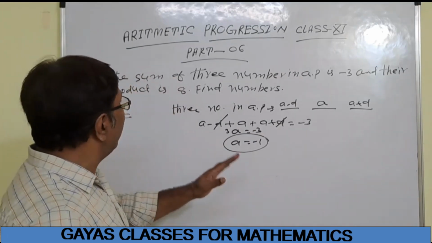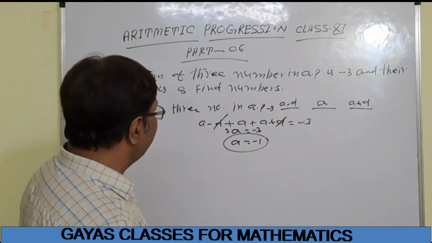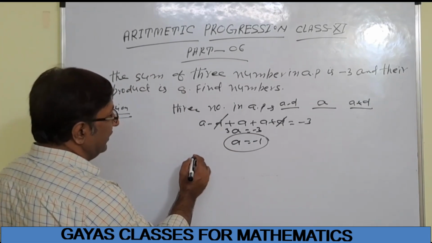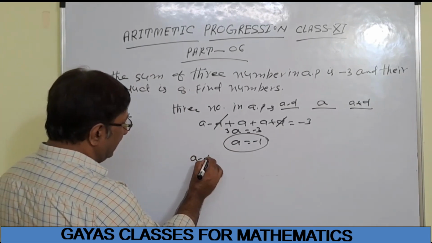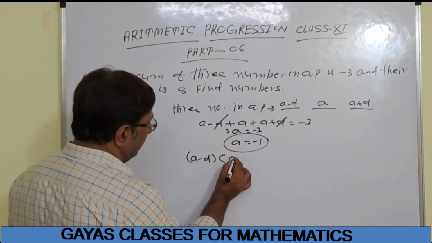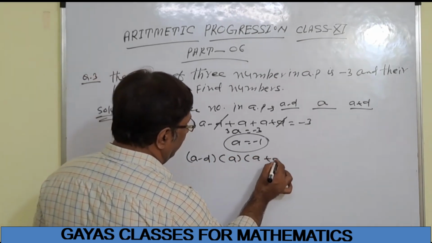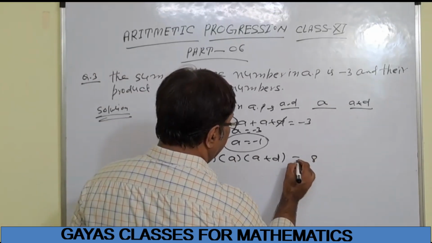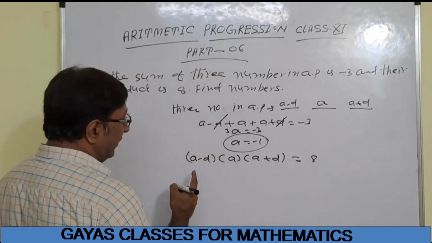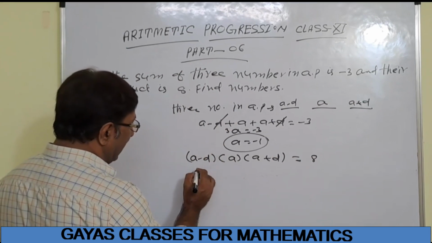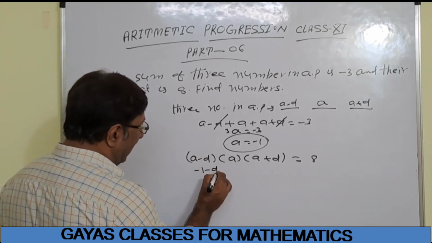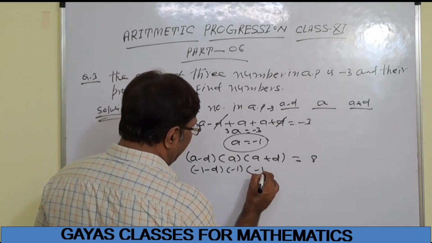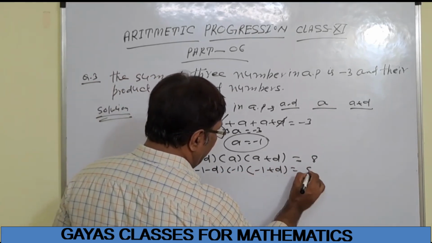Now the next: their product is 8. So their product being 8 means A minus D into A plus D into A, and this equals 8. Right? Now A is minus 1. So we can write minus 1 minus D into minus 1 into minus 1 plus D equal to 8.